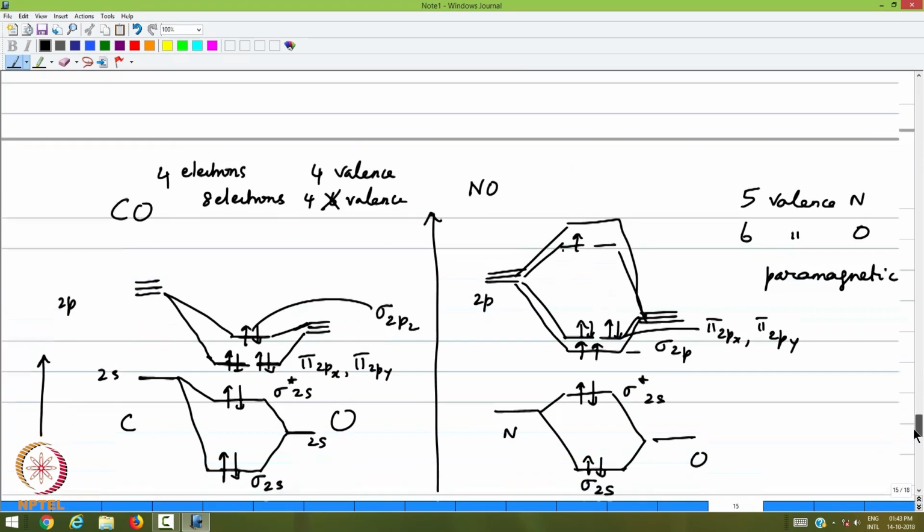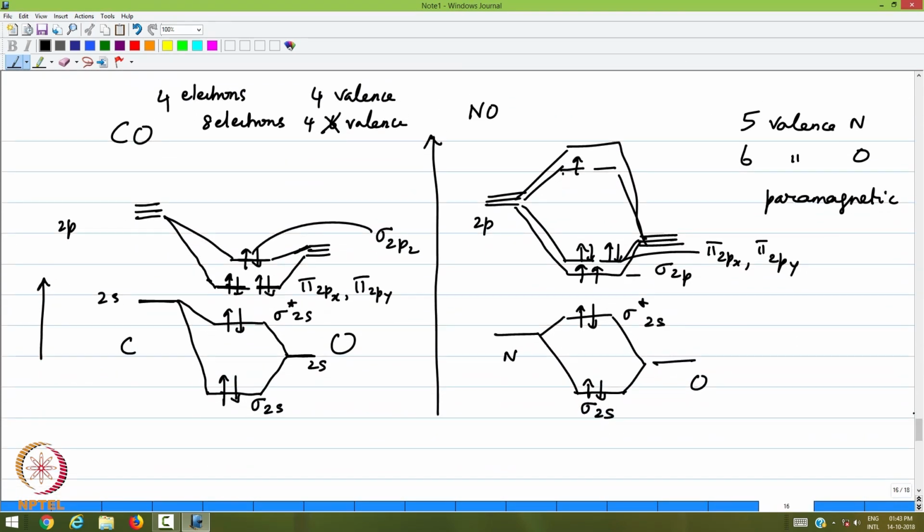For example, in the case of CO, the highest occupied molecular orbital is the sigma 2pz, and the unoccupied molecular orbitals are the pi 2p star, pi star 2py, and then you have the sigma 2pz star.